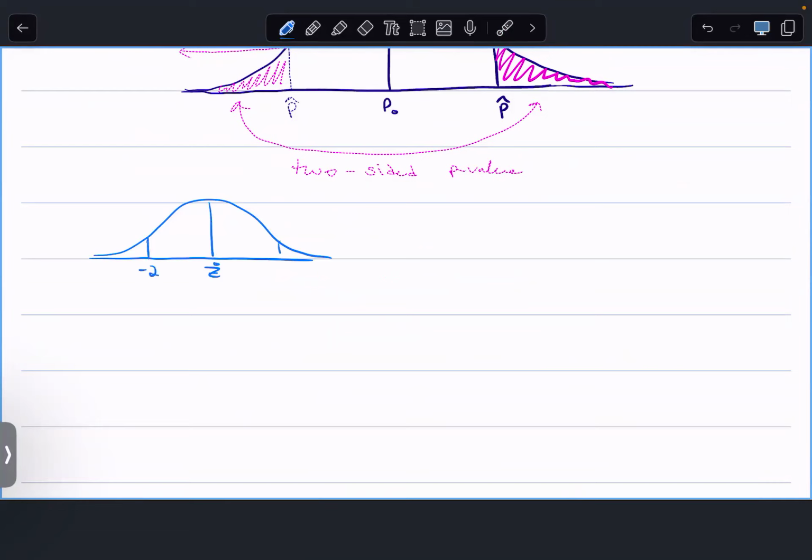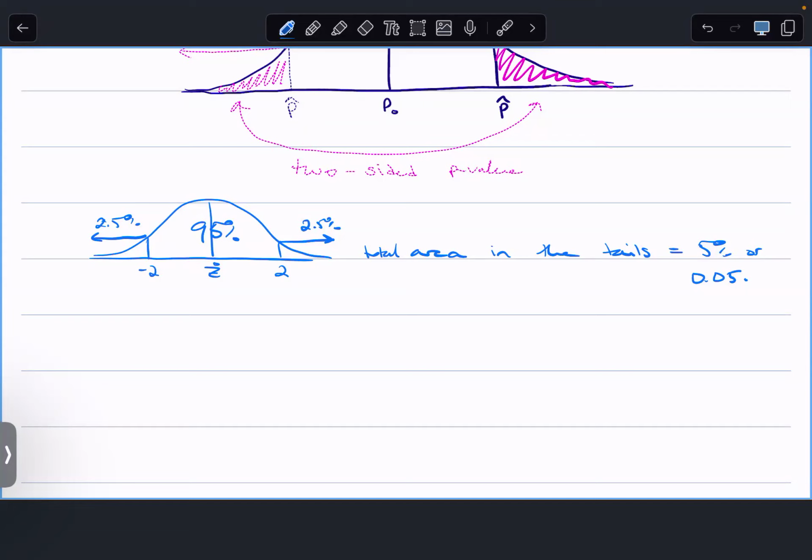And if I'm at -2 and +2, then I have roughly 95% between there, 2.5%, and 2.5%. So the total area in the tails is 5% or 0.05. That's going to be our default.